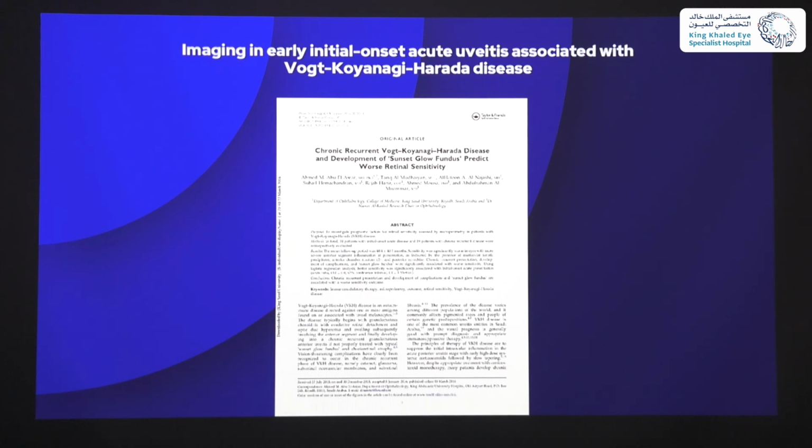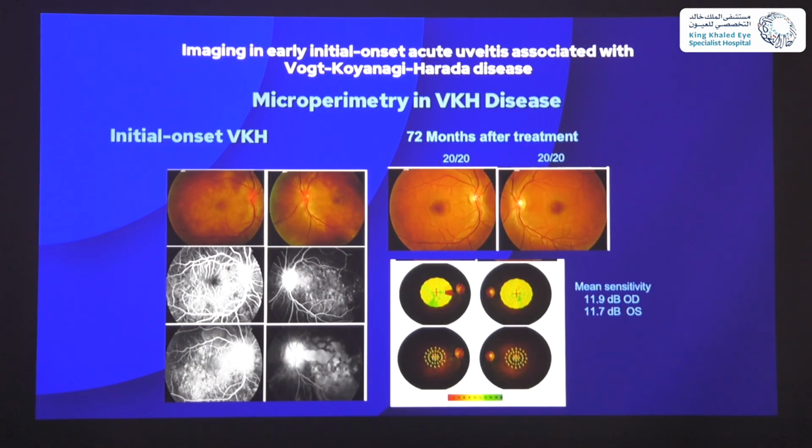As you know, Snellen visual acuity is used extensively, but it is not the best way to assess macular function. So we wanted to see the effect of sunset glow fundus on macroperimetry, on macular function.